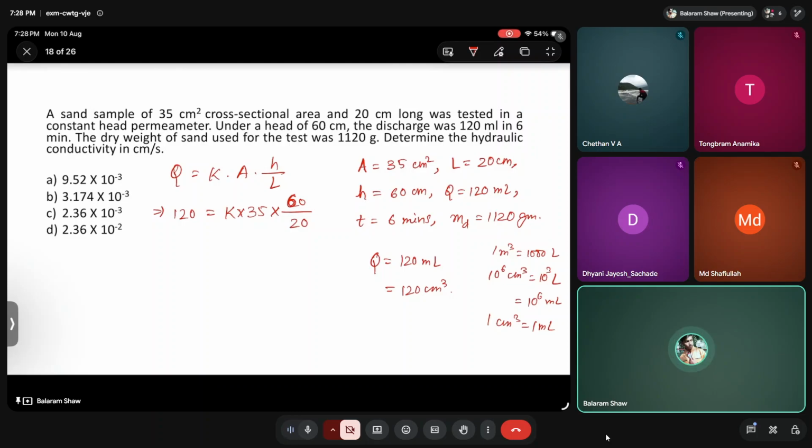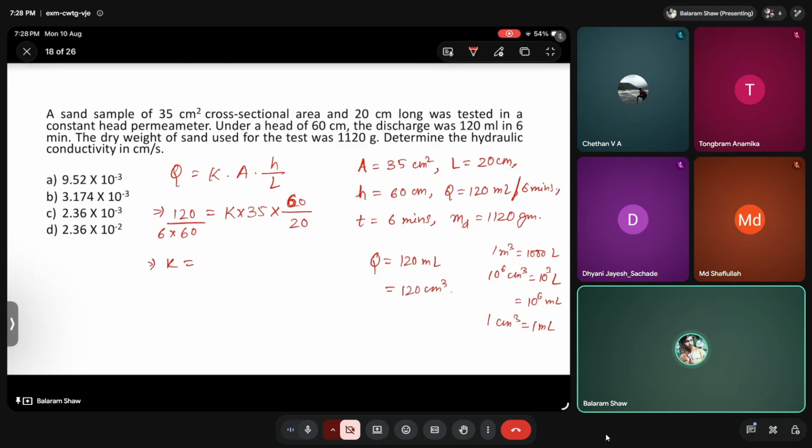The discharge was 120 ml in 6 minutes, so you have to convert in seconds also, so divided by 6 into 60 seconds. Now you just calculate K.